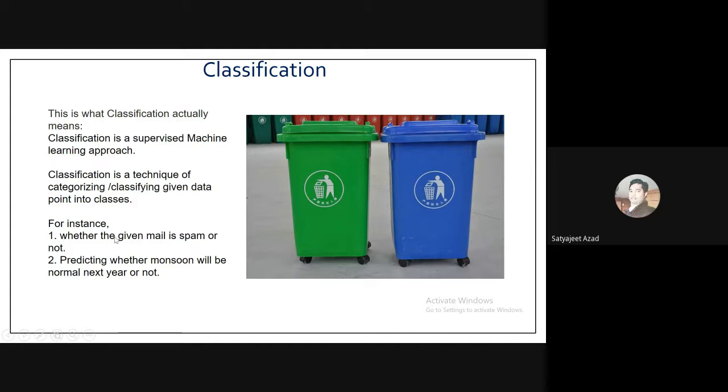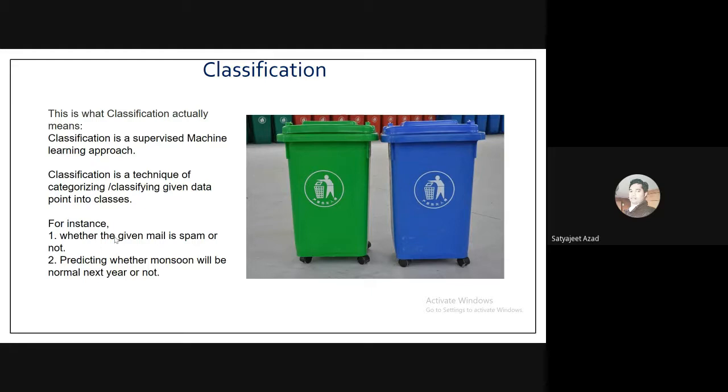For example, if you want to roll out some digital campaign, and you have lots of email IDs, and you get some spam email IDs from an XYZ digital marketing agency, how are you going to know that this is spam and non-spam? In that case also, logistic regression will work, and this is a classical case of a classification problem.